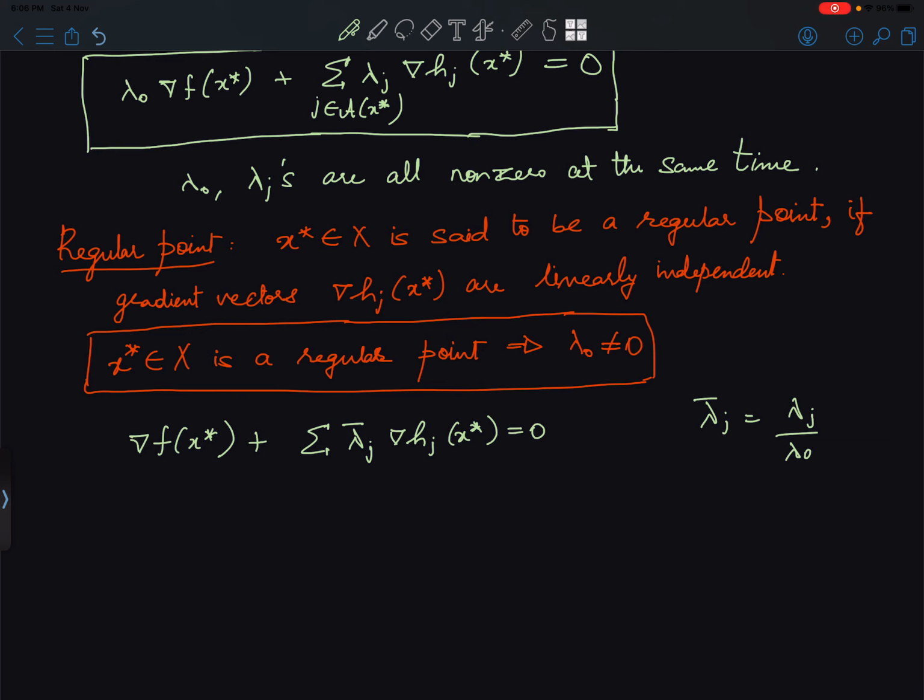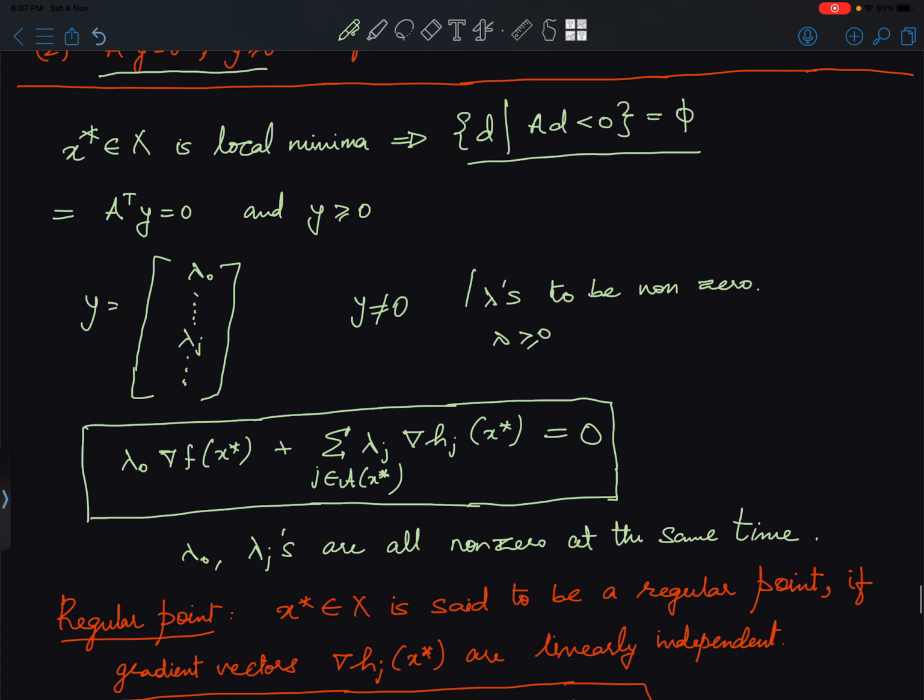And then I can say that lambda bar j is greater than or equal to 0, where j belongs to the active set of x star.